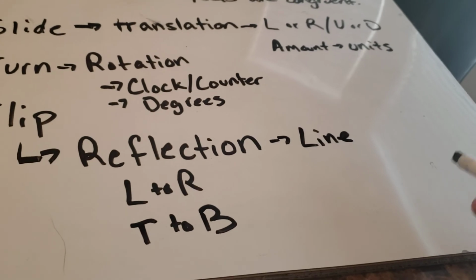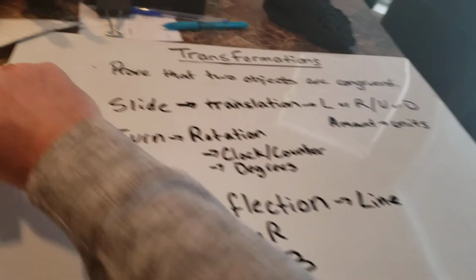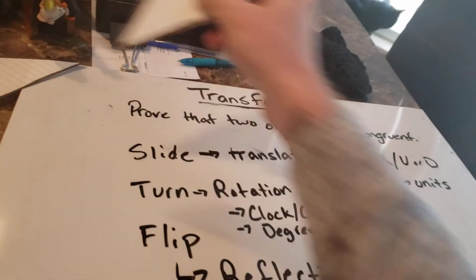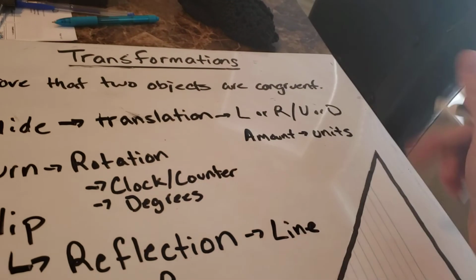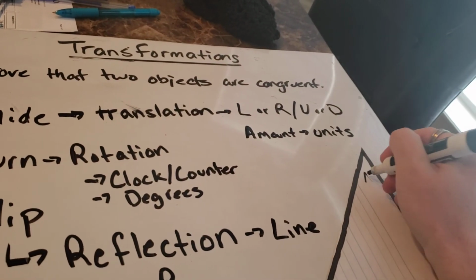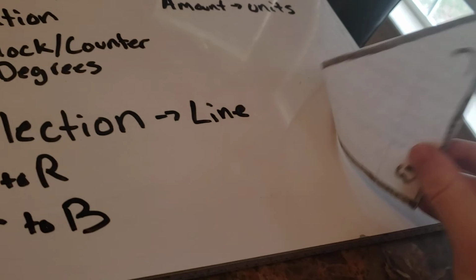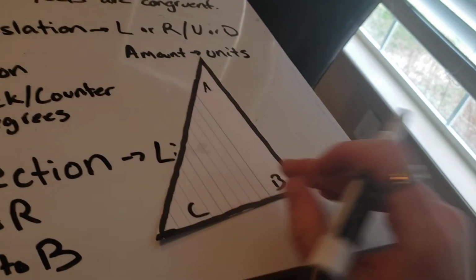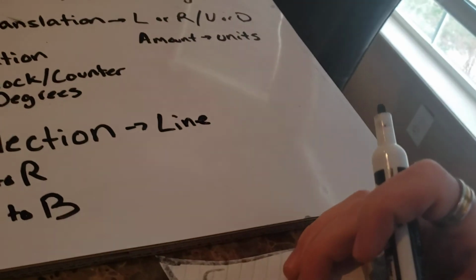If we're talking about a graph, we may reflect something over the X or the Y axis. If we're talking about a specific shape, let's say I labeled these A, B, and C, I might say reflected over line AB, which would be this way. Or I might say reflected over line CB, which would be this way.